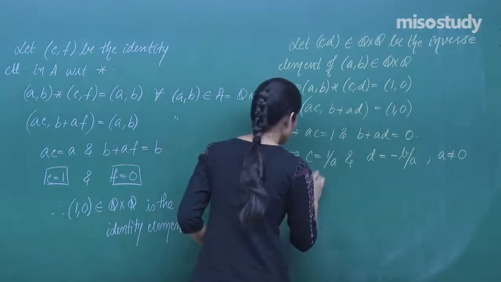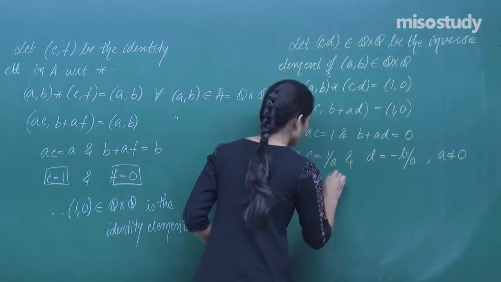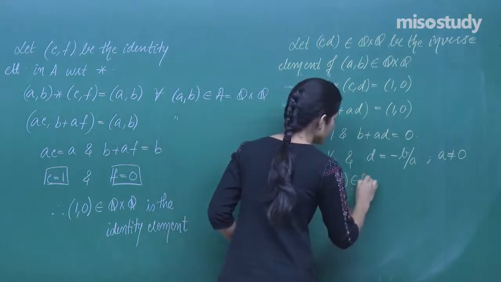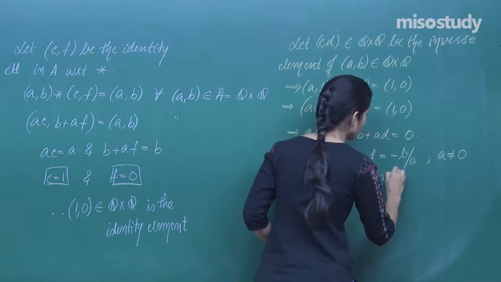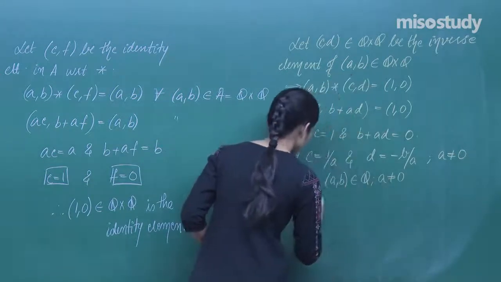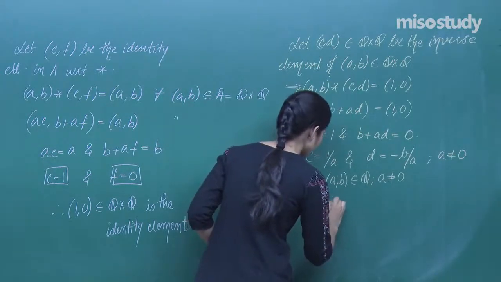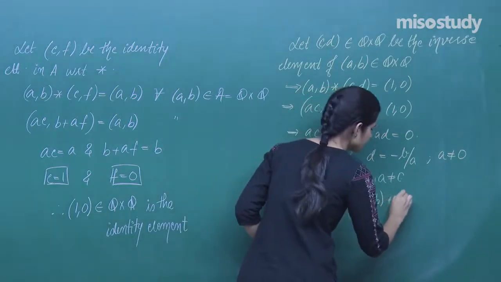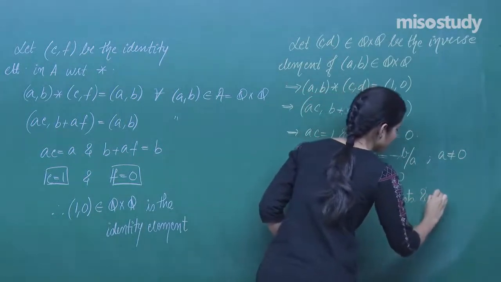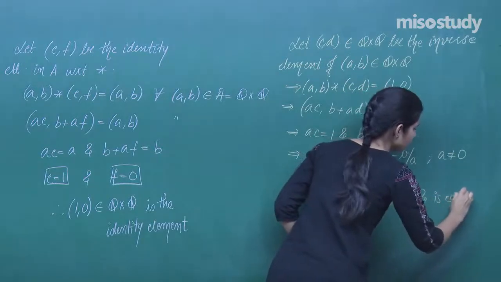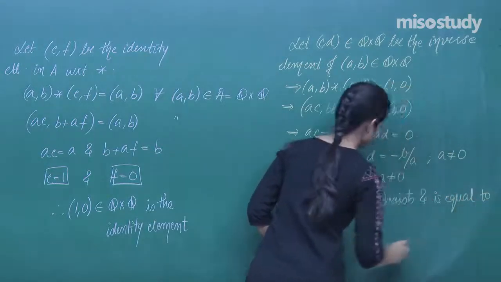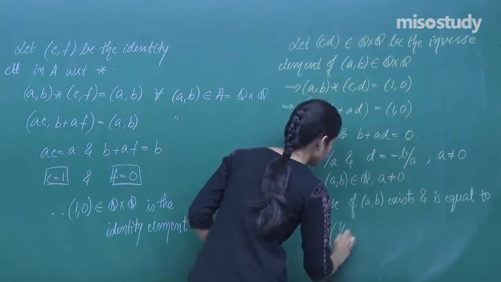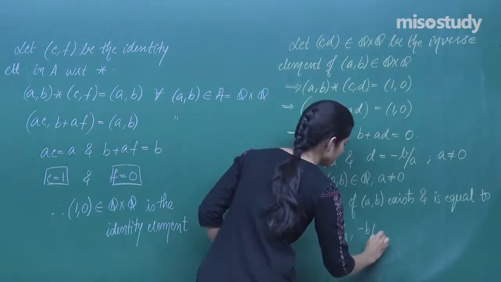So therefore, for (A, B) in the set of rationals where A is not equal to 0, the inverse of (A, B) exists and is equal to what? (1/A, −B/A).